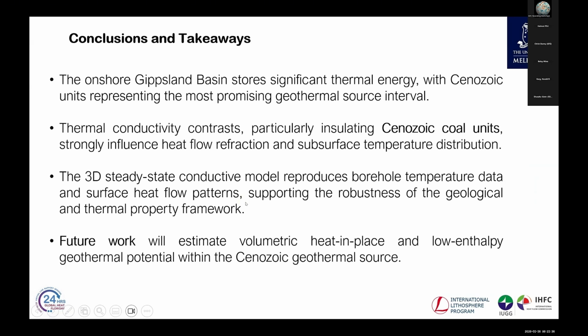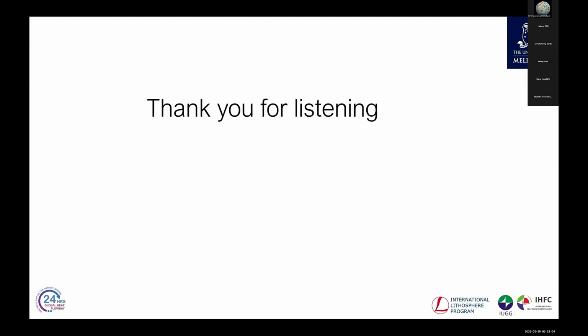The 3D steady state conductive model reproduces borehole temperature data and surface heat flow patterns, supporting the robustness of the geological and thermal property framework. My future work will estimate the volumetric heat in place and investigate low enthalpy geothermal potential within the geothermal source rock.